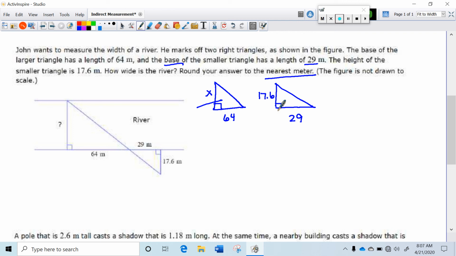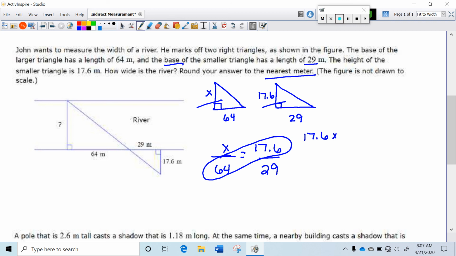Now, look, you've got your fractions. So x over 64 equals 17.6 over 29. I'm going to take the numbers that are diagonally across from each other that I know what they are, 17.6, and you multiply those times 64, and then divide by the number that's not circled. So divided by 29.